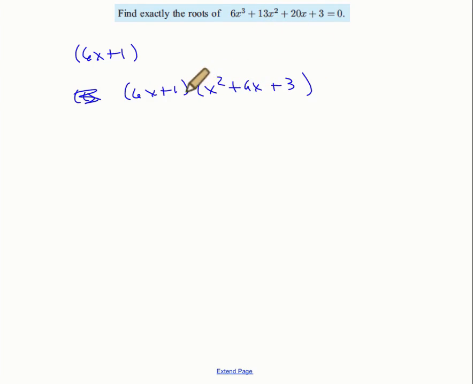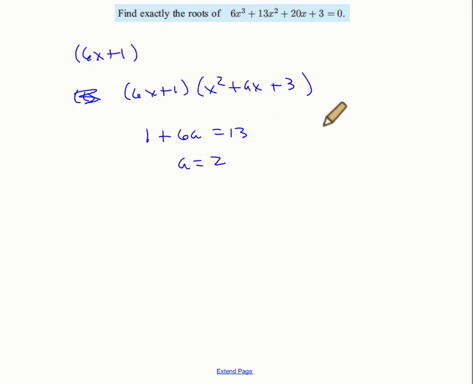Again, the same reasons for the coefficients: 1 here, ax, because I don't know a, and then plus 3, because 3 times 1 gives me this constant 3. If I expand and equate coefficients, I'm not going to write out that equation. I will tell you that I get 1 plus 6a is equal to 13. Solving, I get a equal to 2.